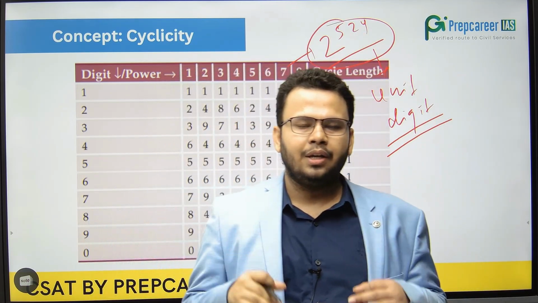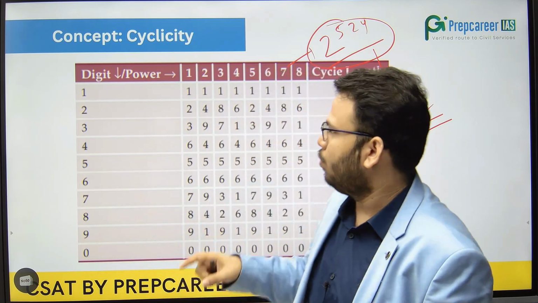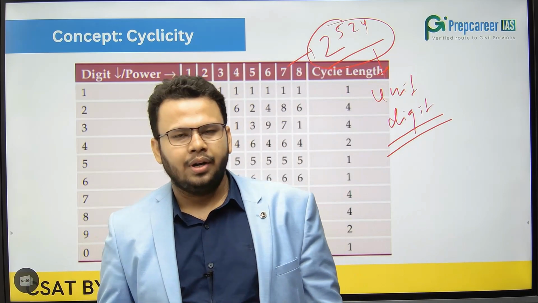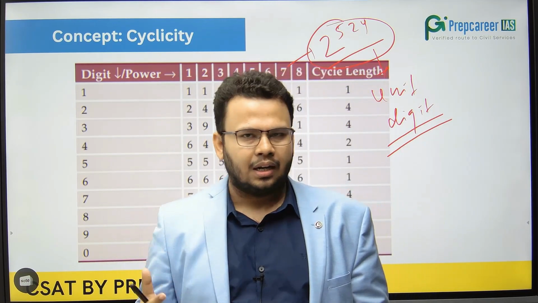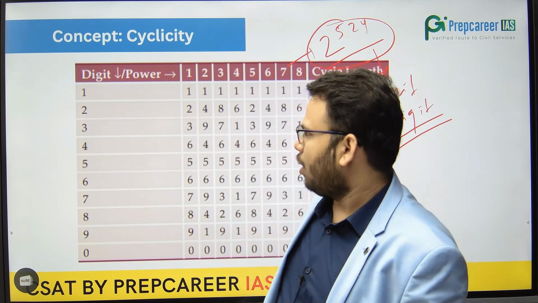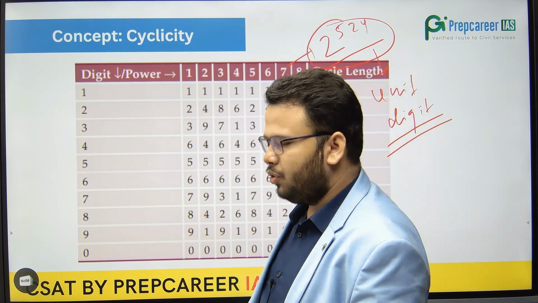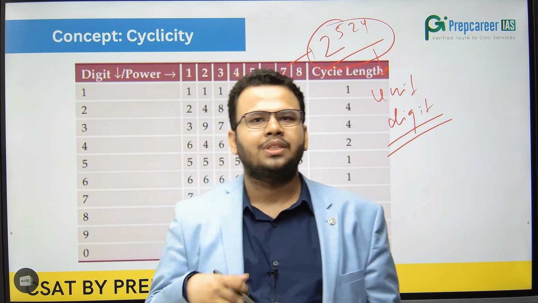It's humanly impossible to multiply 2 by itself 524 times. We can do it, but it is definitely a time-consuming task. So what should be your approach? How can you solve such questions? For that, you need to understand the concept of cyclicity.